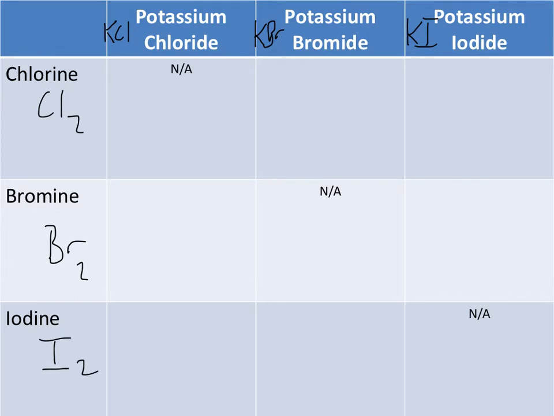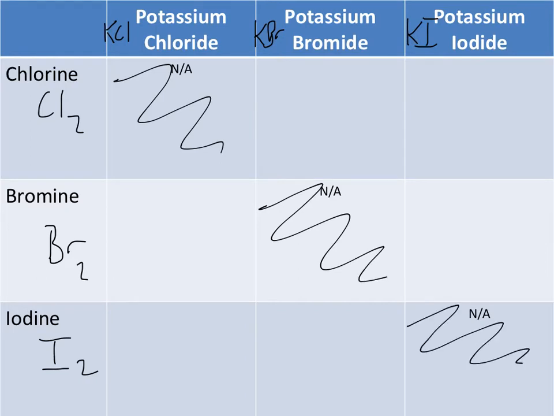Obviously we're not going to bother with these middle ones because we've got matching halogens in those squares. So the first reaction we're going to look at is the possibility of chlorine reacting with potassium bromide. What we've got to consider is, is chlorine more reactive than bromine? And chlorine is more reactive than bromine, so chlorine is able to displace the bromide from the compound.